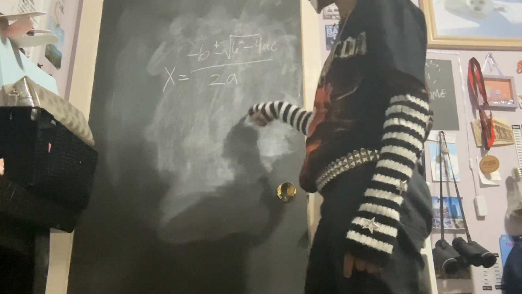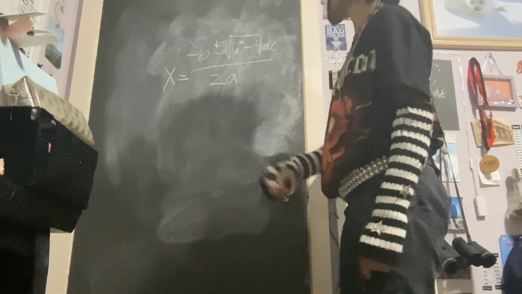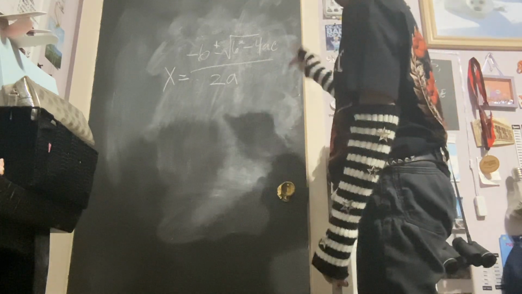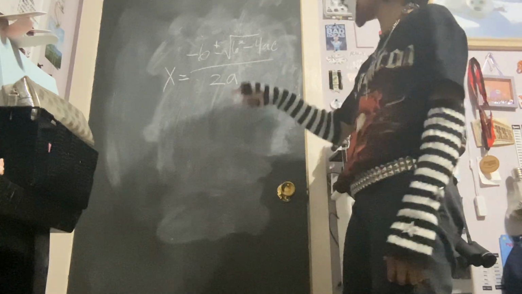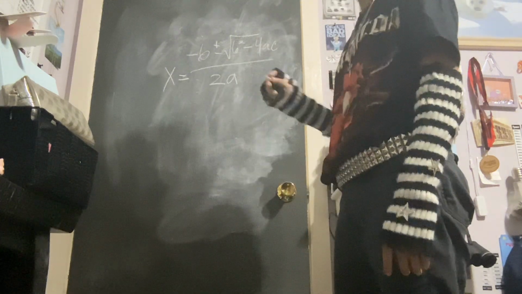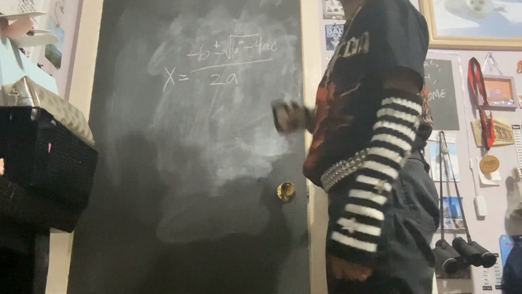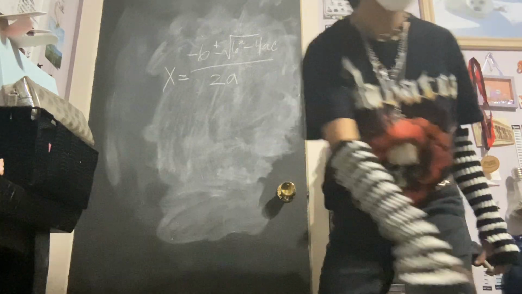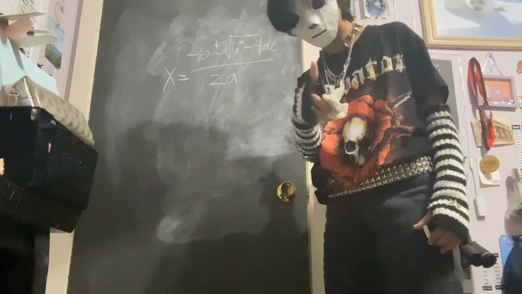Correct me if I'm wrong. Whatever, the only part that's important is that the discriminant is the thing inside the square root. So anyways, let's focus on a harder problem now.